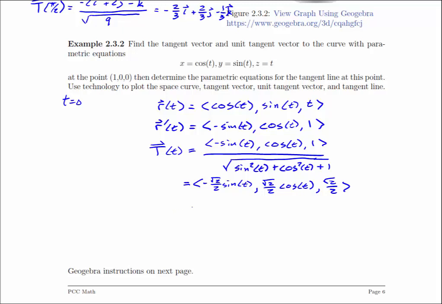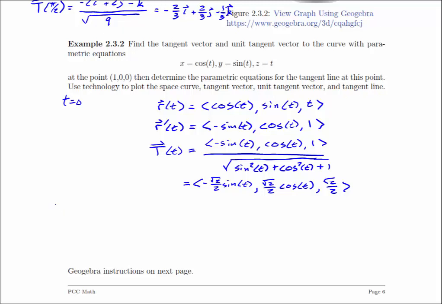All right. And so then my tangent line equation we can get in a couple of different ways. Okay, now I've got a notational issue, where I've been using T of t for the unit tangent vector function, and now I want an equation for my tangent line and need a notation for that.